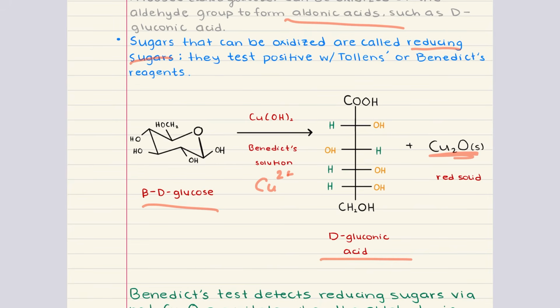This is a red precipitate that signals a positive result. So to summarize, Benedict's test detects reducing sugars by monitoring whether a red copper 1 oxide precipitate forms. And if it does, the sugar has been oxidized, and that confirms that it can act as a reducing agent.